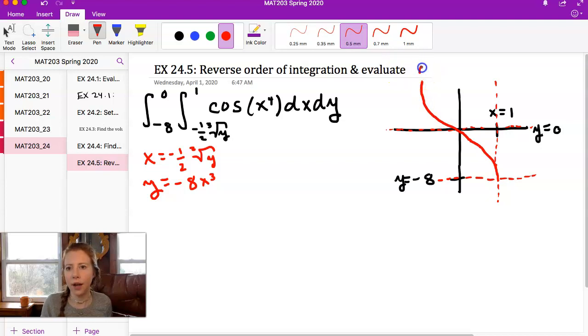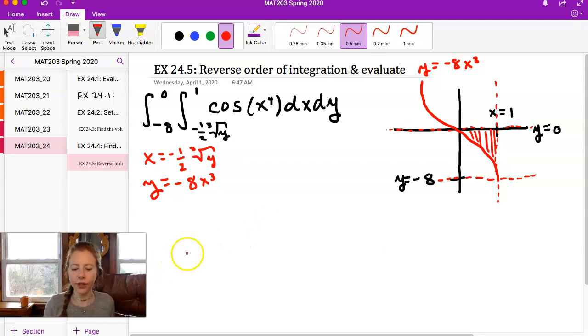So this is Y equals -8x cubed. This is our lower bound for our X, and our upper bound is X equals 1. So we're in this region for integrating.